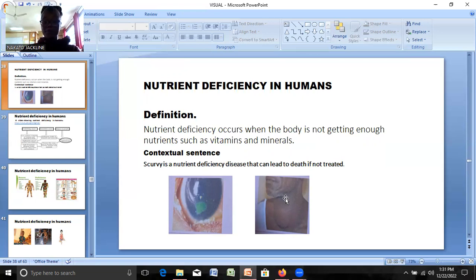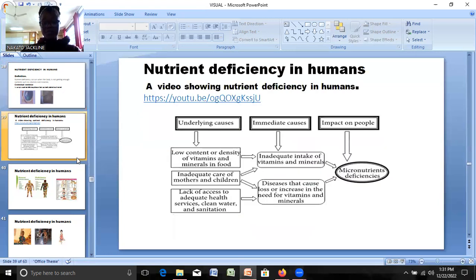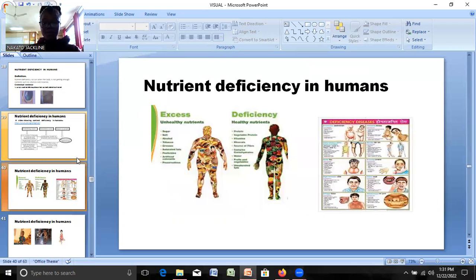If you have little carbohydrates in your body, you'll have goiter, as you see here in our picture, a swollen neck. Nutrient deficiency has different effects on our bodies, as you've seen in the pictures below. And we have very many diseases that can come out due to lack of nutrients in our bodies.